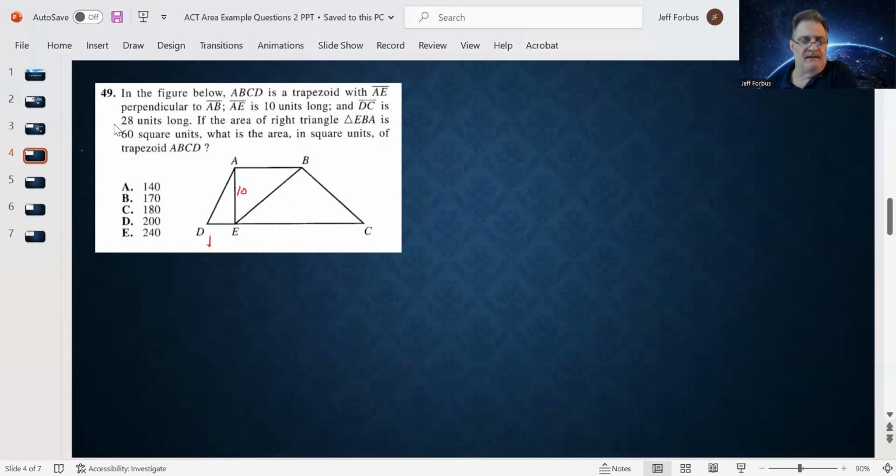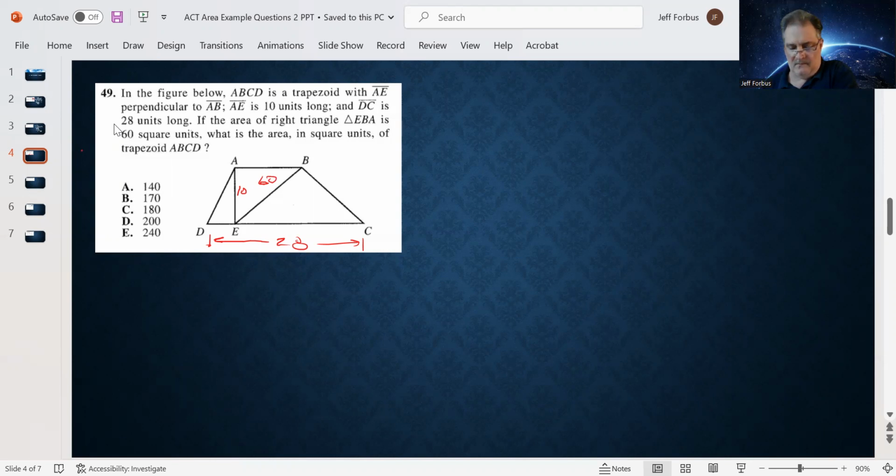So from D to C, we have 28. All right. If the area of the right triangle, EBA, so the one in the middle, is 60 square units, so they're saying 60 for the area. What is the area in square units of trapezoid ABCD?